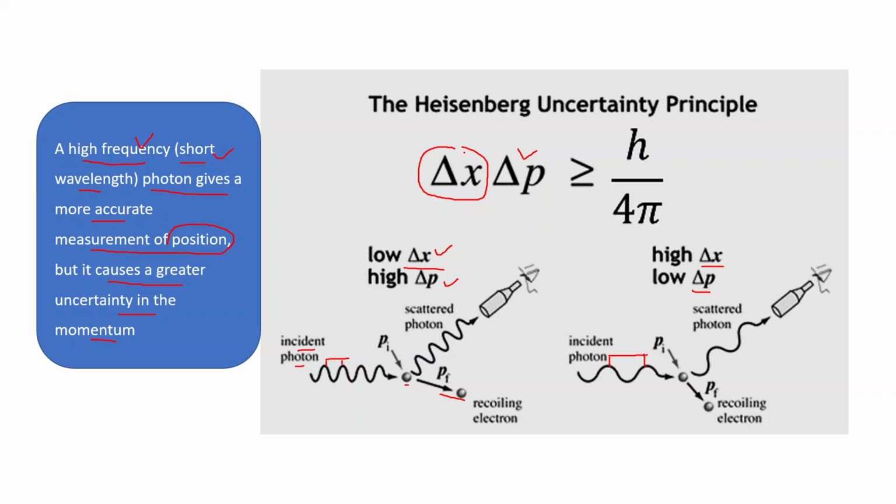Either this will be higher, then this will be low. If this is higher, then this will be low. And the product of these two is always equal to or greater than h by 4 pi, or we can say the minimum product is equal to h by 4 pi.